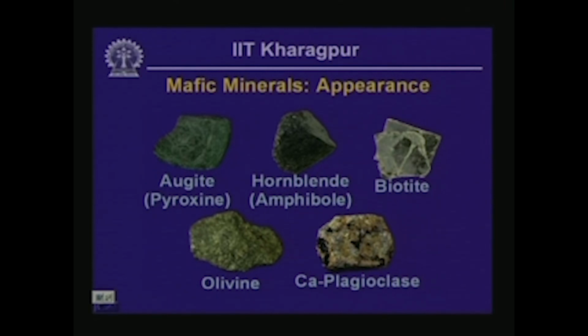So, mafic minerals, as I indicated earlier, are relatively dark colored, and felsic minerals, as you know, are relatively light colored minerals. And many of these minerals are composed of iron and magnesium, as was evident from the chemical formulas presented earlier.